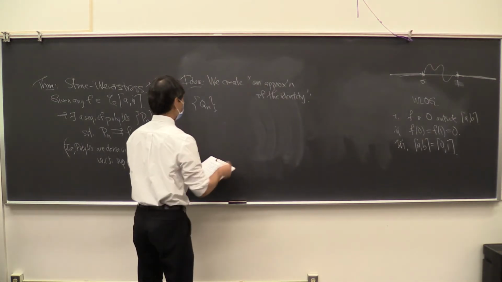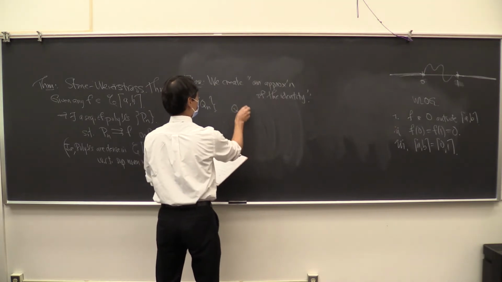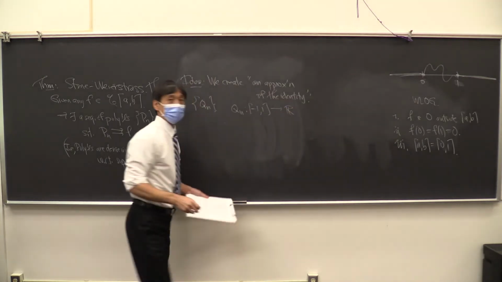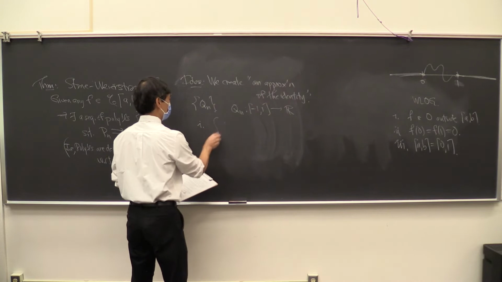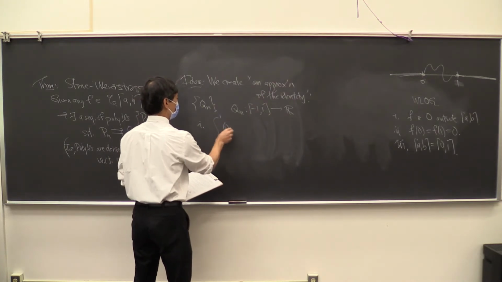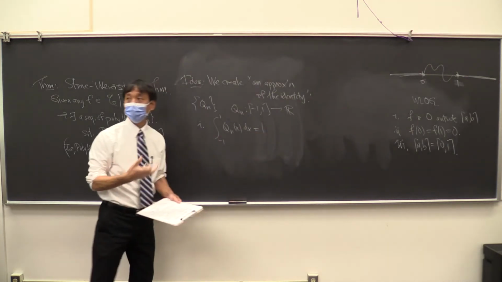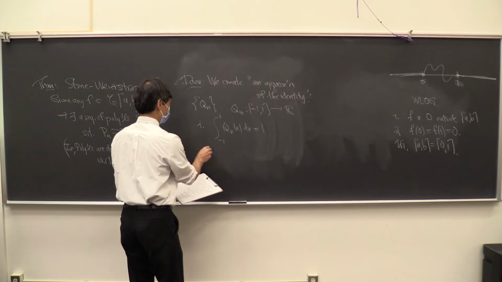These Q sub n are real valued functions on negative 1, 1, constructed so that their integral is always 1. The mass of the function is always 1.